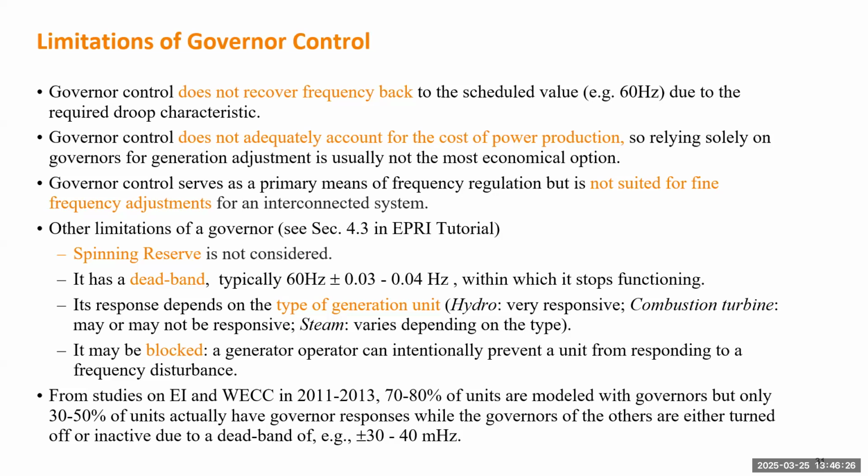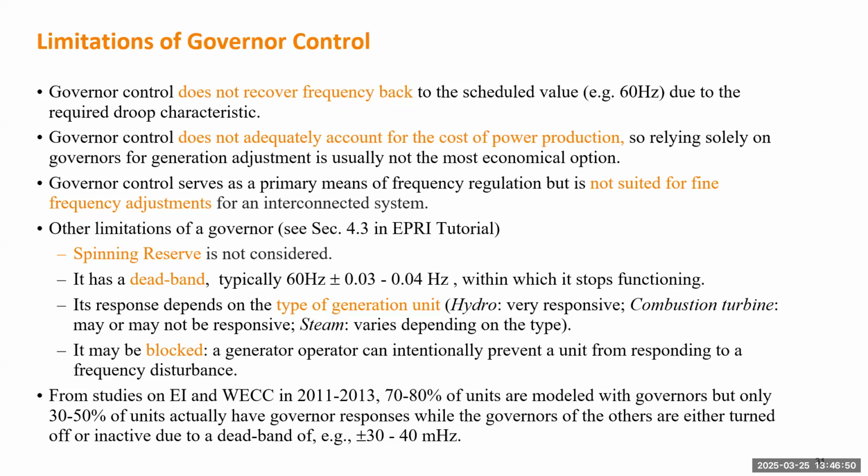when NERC creates the model for the EI, WECC, or Texas, they ask all the utility companies or ISOs to report the most accurate model for their generators. When they model the generator, they do have a governor. The governor is already installed. They can also check the value of the R value, okay?